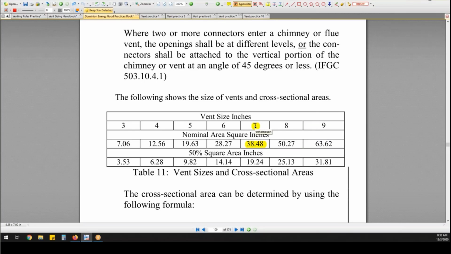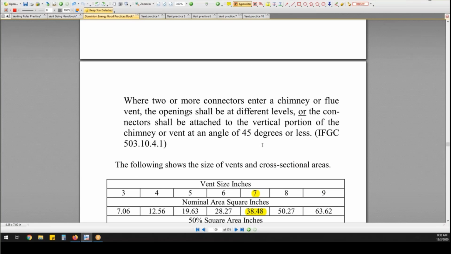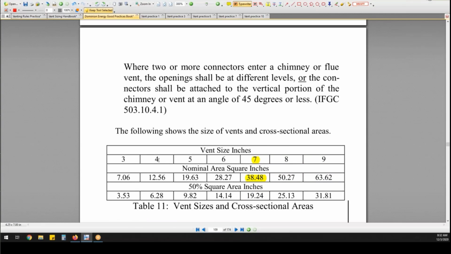A 7-inch round vent has an area of 38.48 square inches. So again, that rule they were talking about, the 7 times rule, if I have a water heater with a 4-inch connector on top of it, my pipe can be no bigger than 7 times this number. Does that make sense?